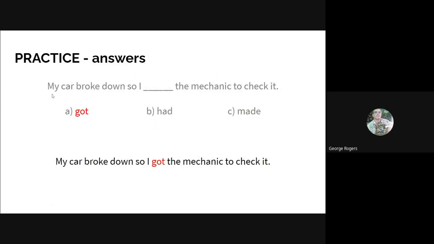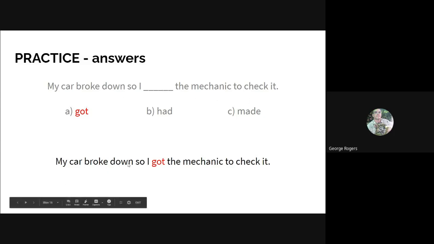Again, my car broke down, so I got the mechanic to check it out. Again, to check, so the first three, make, have, let, would be eliminated. If you didn't have this "to" here, had could have worked out.